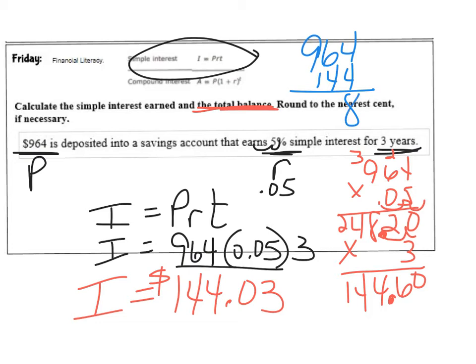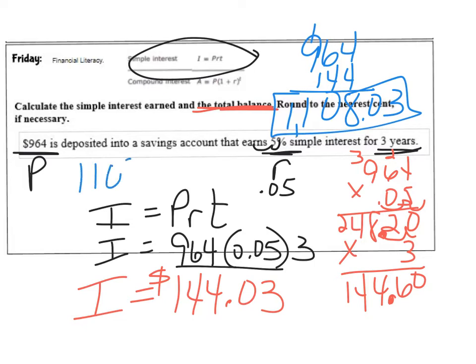That's going to give you $1,108.03. So my answer is $1,108.03, and that's the total amount that they will be having in the savings after 3 years.